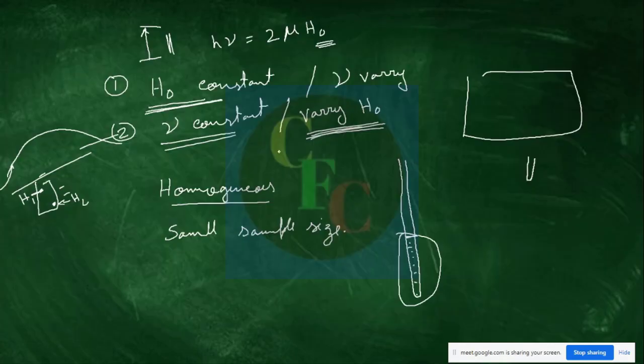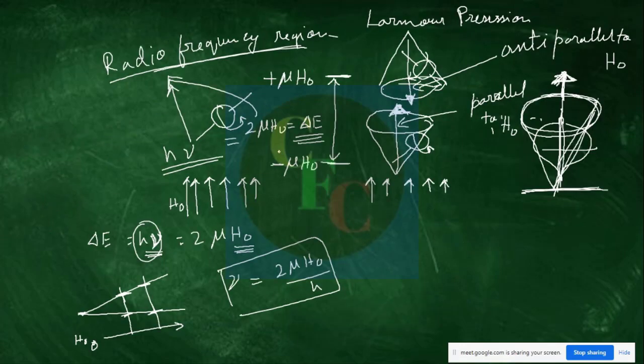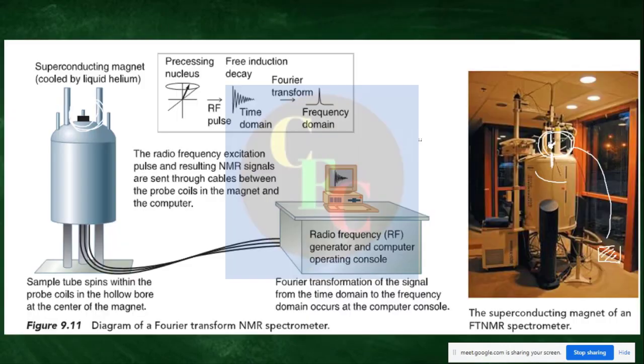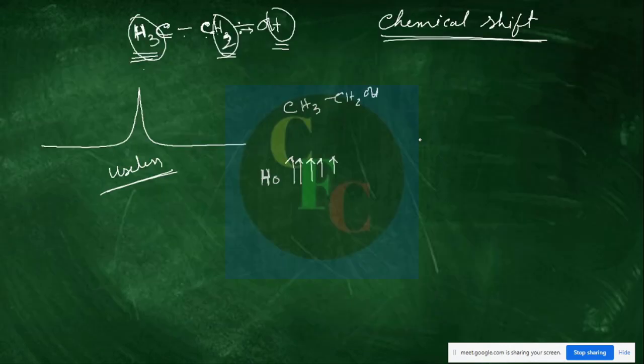The way we discussed here is fine for a single nucleus. But if you have, for example, 1 ml of ethyl alcohol, it contains lakhs and lakhs of molecules, multiplied by 6, that number of protons.